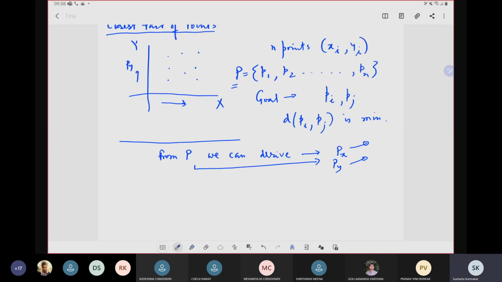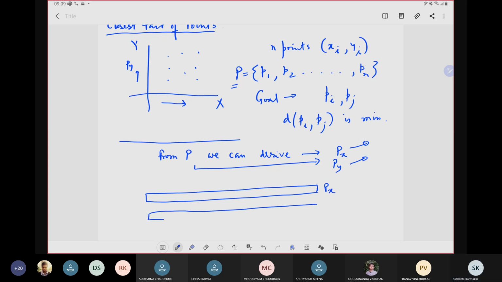Now after these two things, we actually have to have some mechanism. What is the mechanism? Let us say this is Px and this is Py.